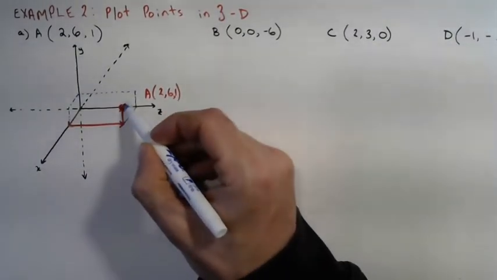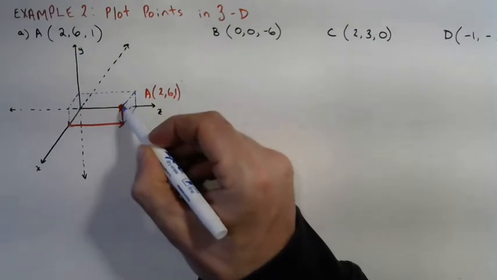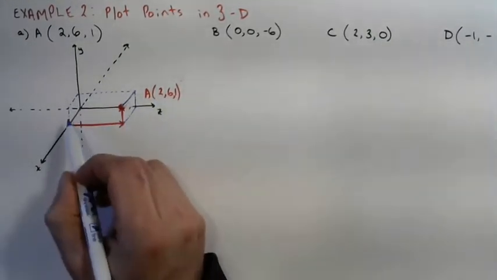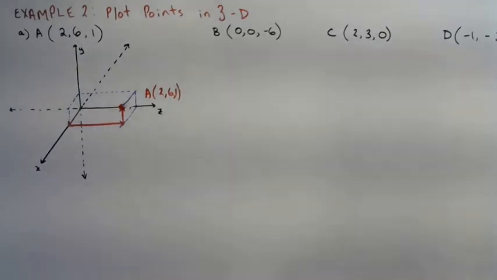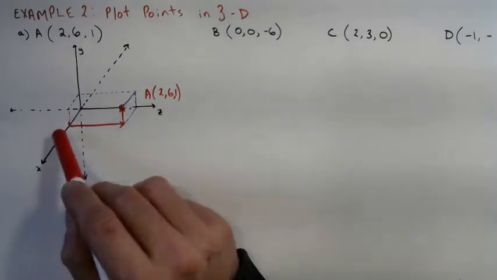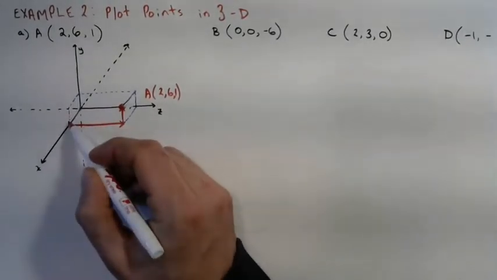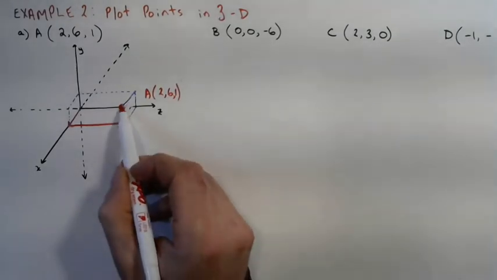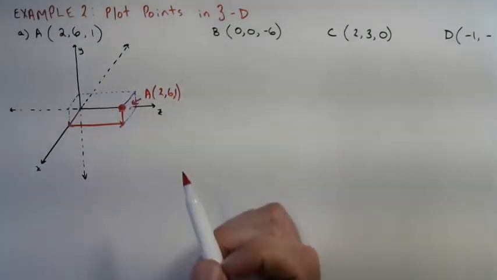Here I'm going to have my positive 2 along the x. And then I've pretty much finished out that diagram. Just make sure you're not tracing these lines every which direction in order to get to where you're going. Make sure that you have 2 positive x, 6 positive z, and 1 positive y, and boom, there you are. That's A.